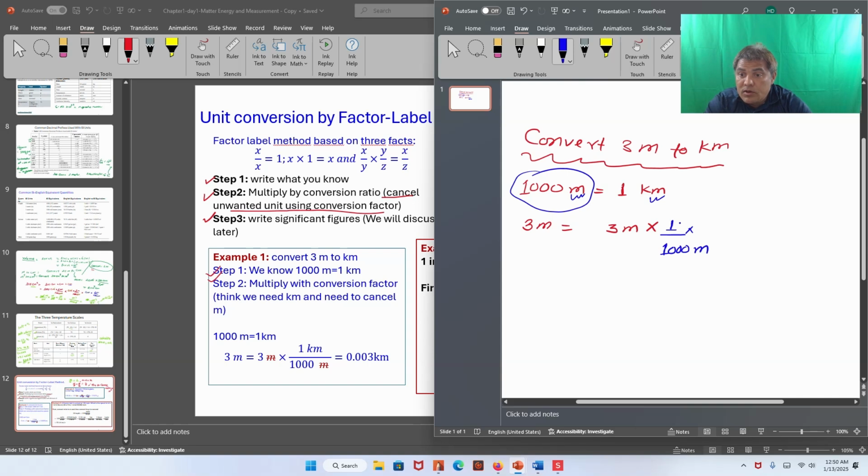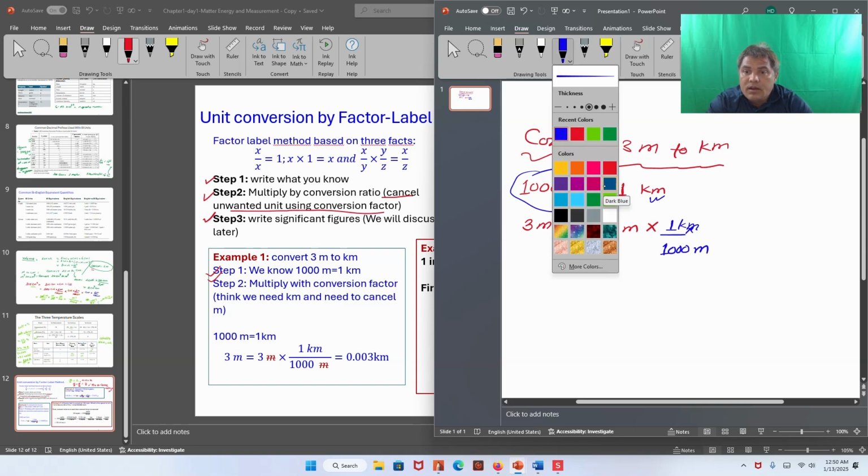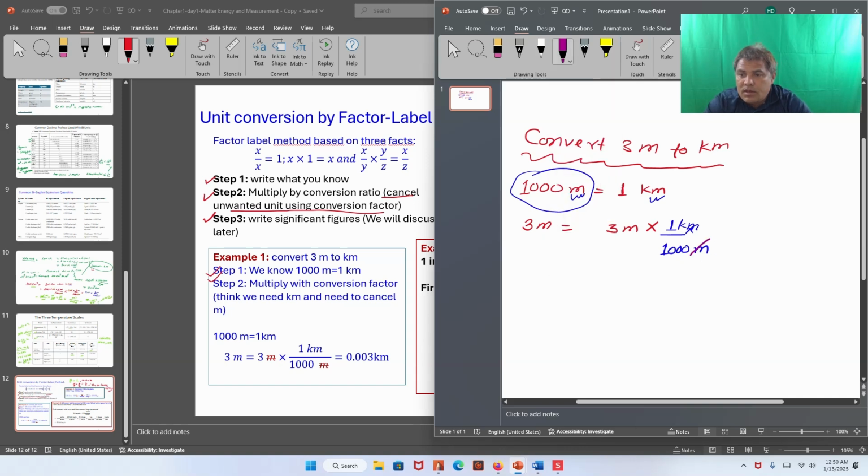This 1 kilometer, you will write kilometer in the up and meter in down. Then what happens? What's the benefit after doing that? This is a very good benefit we have now, because we can cancel meter and meter, left is kilometer. That's why 3 divided by 1000 is equals to 3 times 10 to the power minus 3, right?